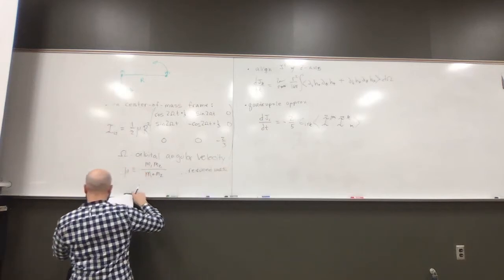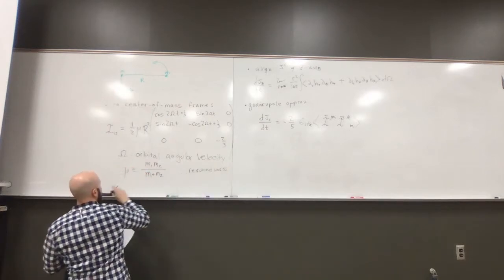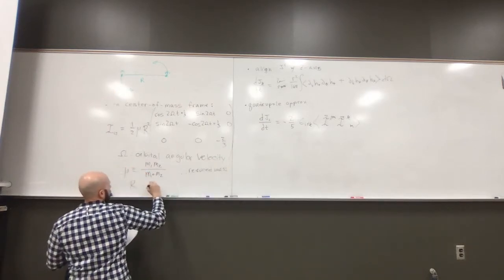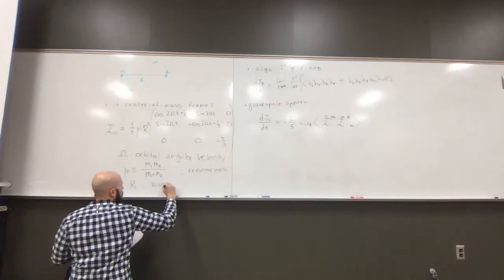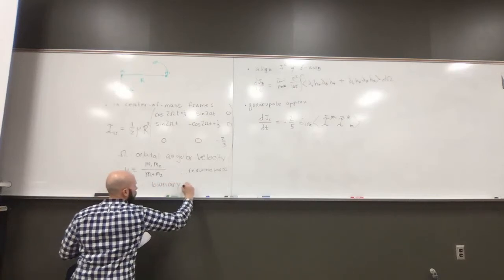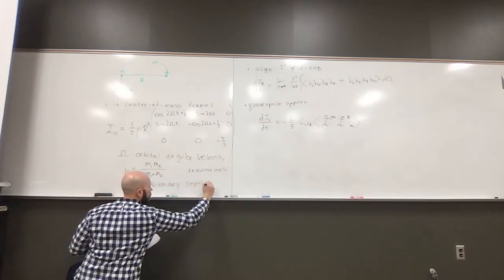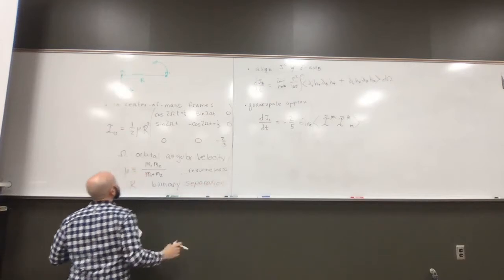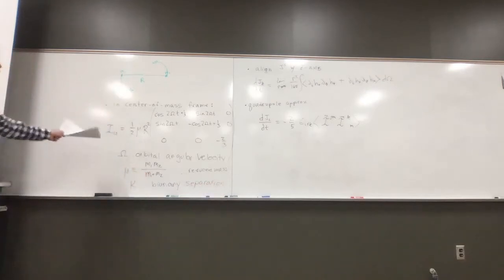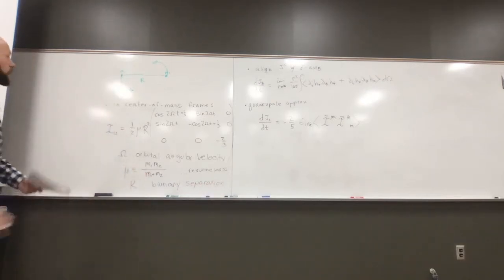And then R is just the binary separation. Okay, so we've got our reduced quadrupole moment.